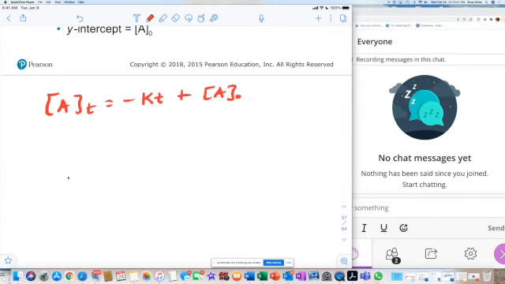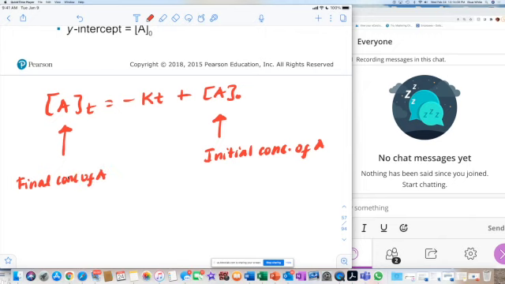So this equation right here, let me label it. This represents the initial or starting concentration of A. And this one here represents the final concentration of A. When I say final, it's technically the concentration at a certain time t.